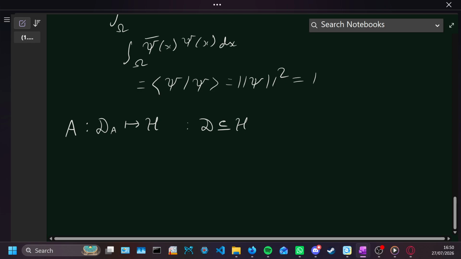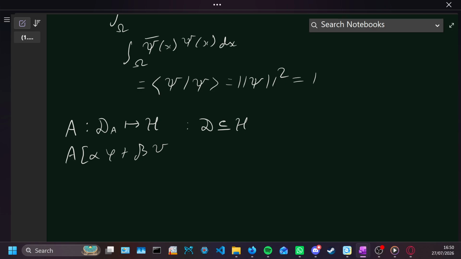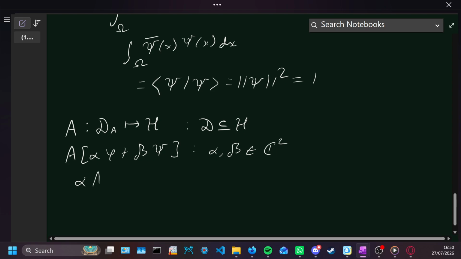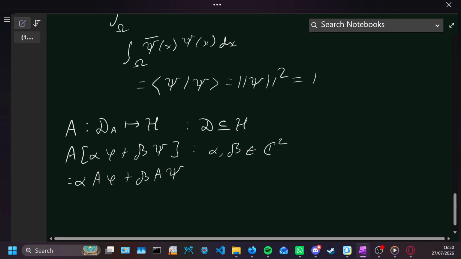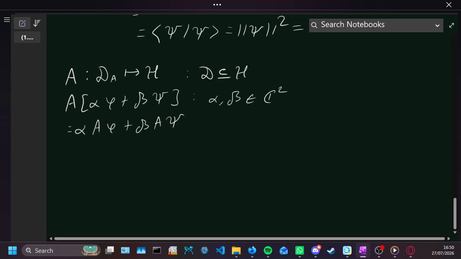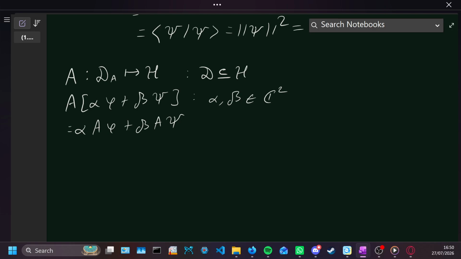And A is a linear transformation. So if I apply it to alpha phi plus beta psi, where alpha and beta are scalars, then I can bring them out. And so this is going to be equal to alpha A phi plus beta A psi. I would like to also introduce the adjoint here.